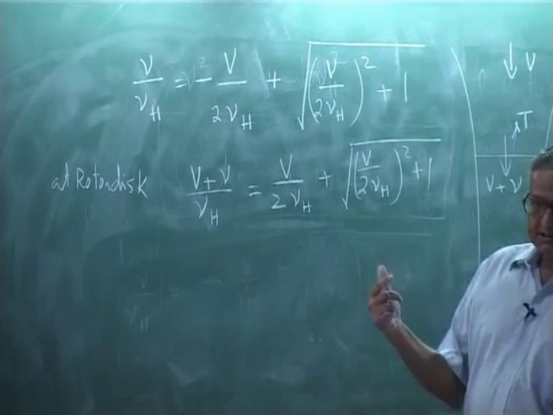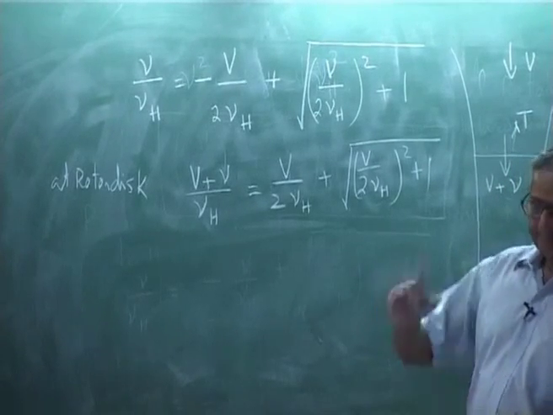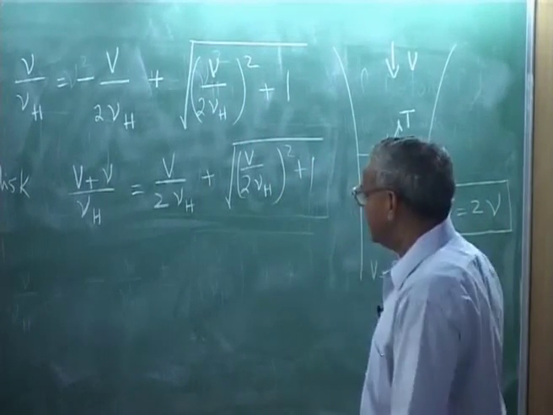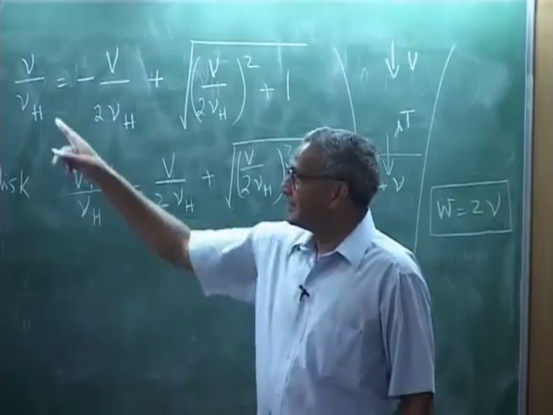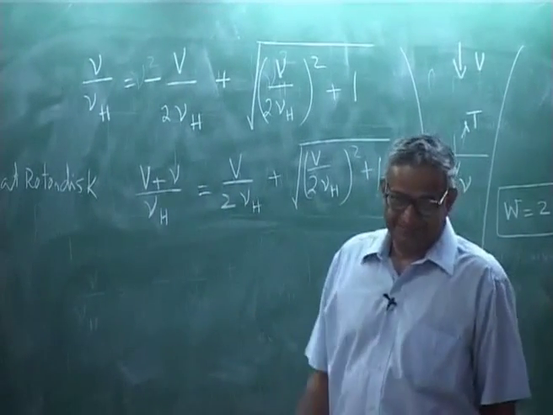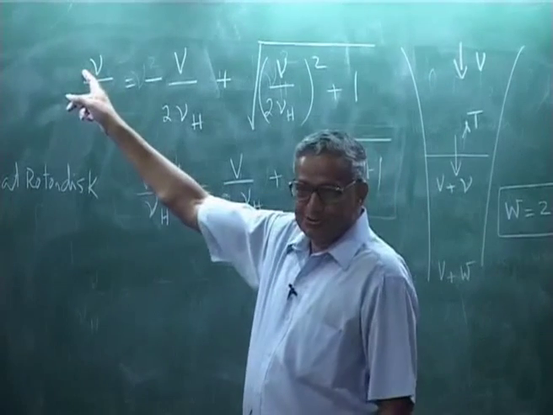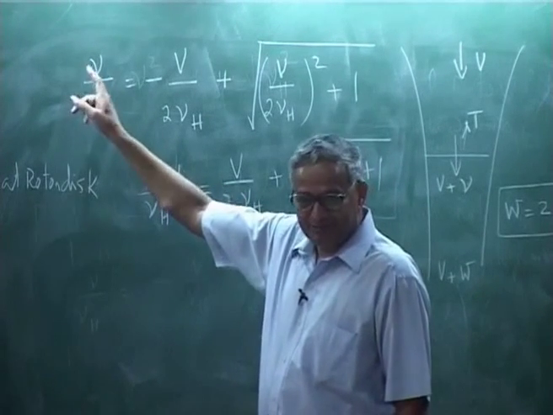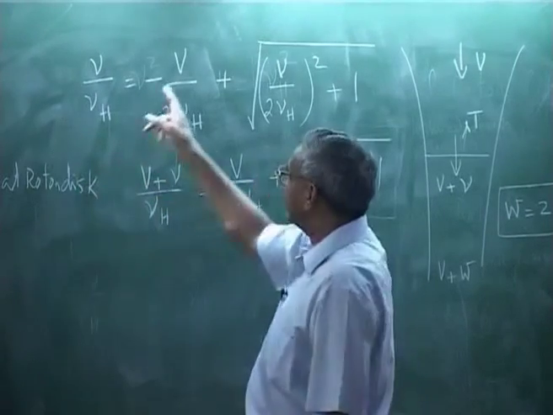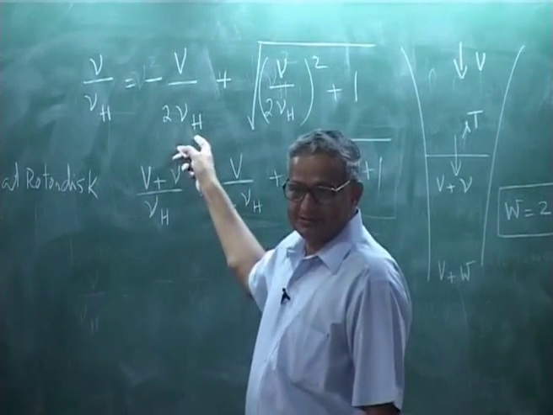If I want at far field, that will be V plus 2 nu. So, I know nu, I will be multiplying by factor 2 and then adding V. So, when I multiply that, V over nu H will cancel out.